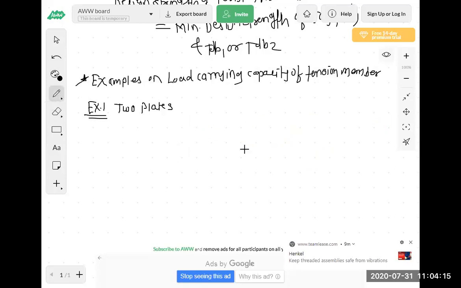So design strength is nothing but how much load that member will carry. So write down example number 1.